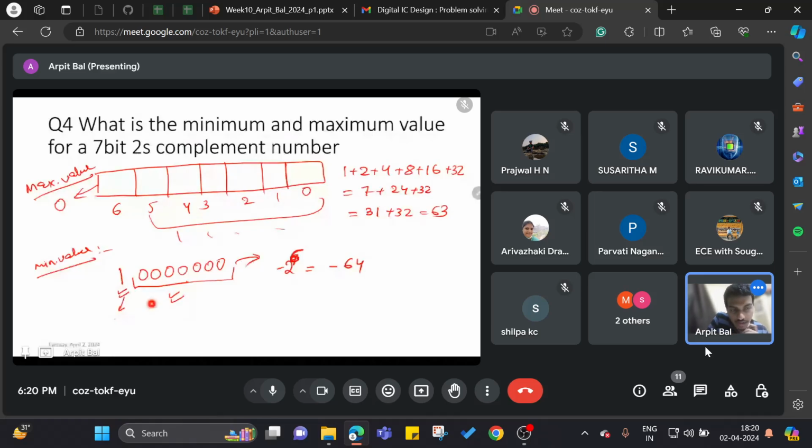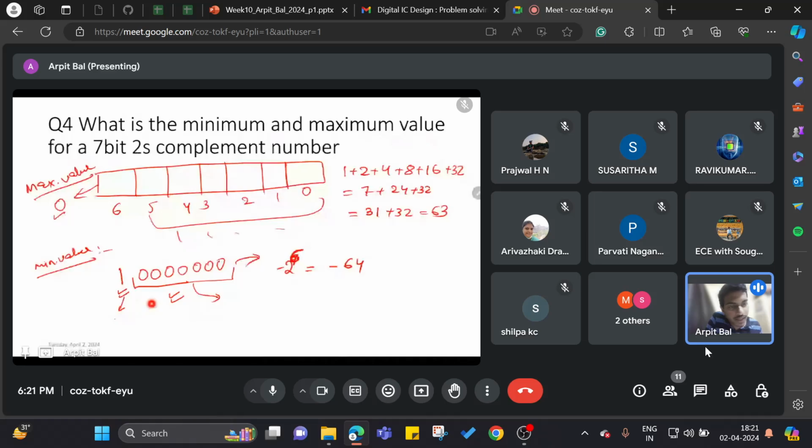What I have seen is that few people, while solving this kind of problem for the minimum and maximum value for a given set of bits, think that because the maximum value in the positive direction was 0 and all ones, they make a similar mistake in the minimum value case. They take 1 in the MSB to make it negative, and put all ones after the MSB. But if you put all ones after the MSB, then this entire set is going to be a positive number.